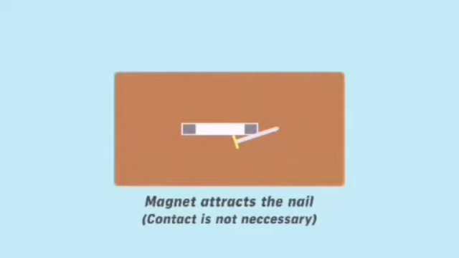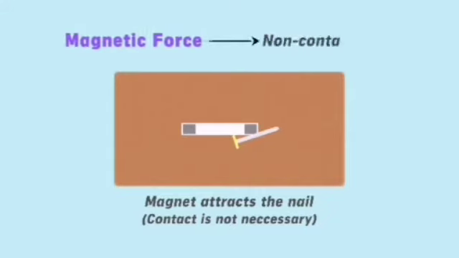The force that this magnet exerts on this nail is called magnetic force. So, contact is not required for the magnetic force to come into play. So, we can say that this force is a non-contact force.